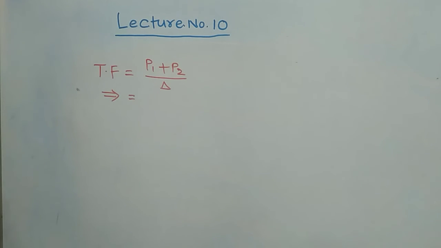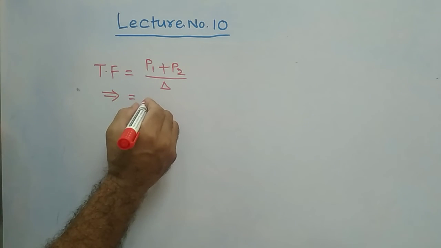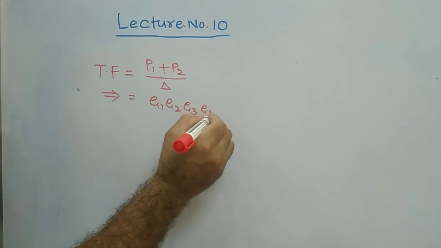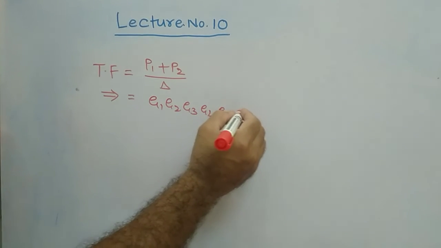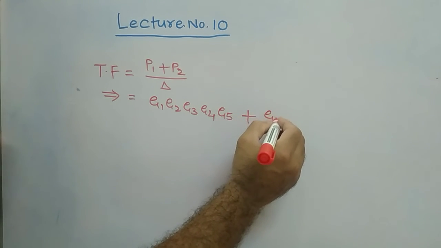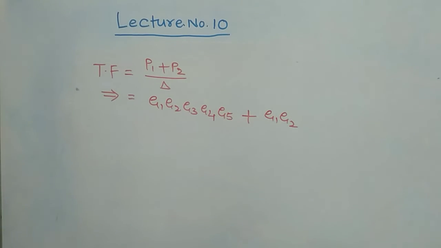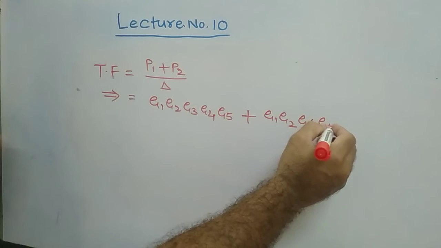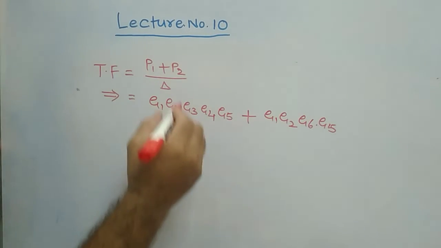As your delta 1 and delta 2 became 1, you write P1 plus P2 by delta. What is P1? P1 is nothing but G1, G2, G3, G4, G5, plus what is P2? G1, G2, G6 and G5. This is your P2.